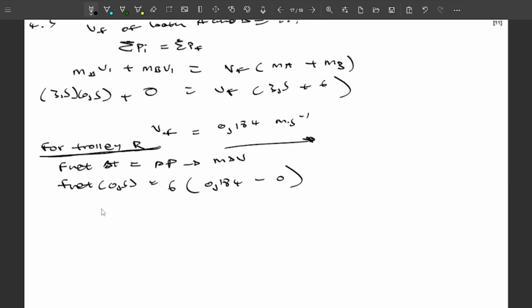Right, good. Then we can divide both sides by 0.5, and your F net should be 2.21 newtons, right? Yeah, you can also double check, but this is the correct answer.